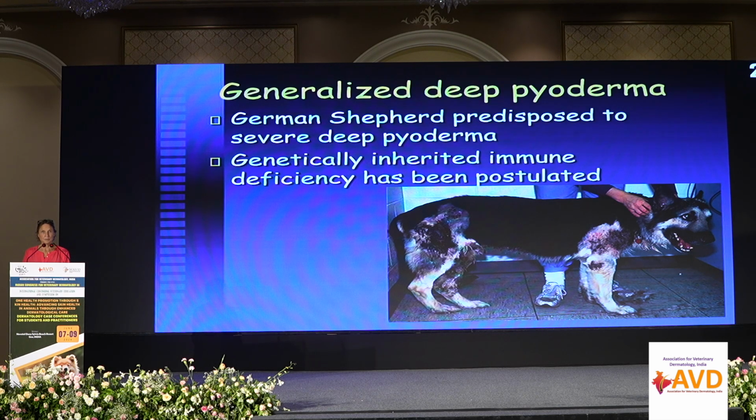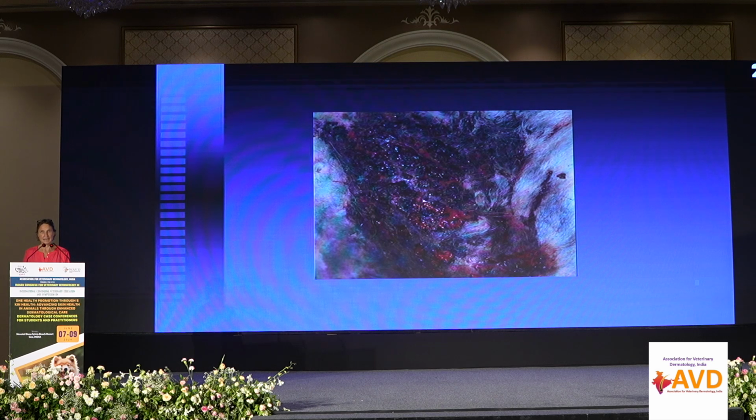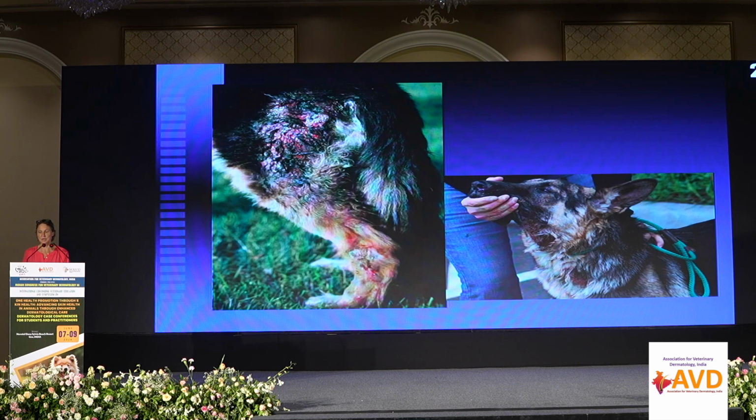We already talked about the deep pyoderma in German Shepherds, so again, these are all examples of nodular bacterial diseases that drain, and you are left with the secondary lesions of ulcerative draining tracts. You've got to be aggressive. I encourage you to culture these cases so that you know exactly what you're dealing with.